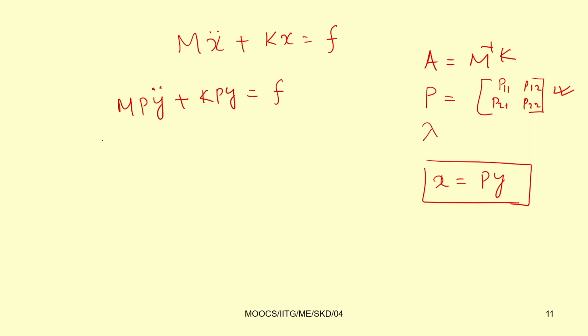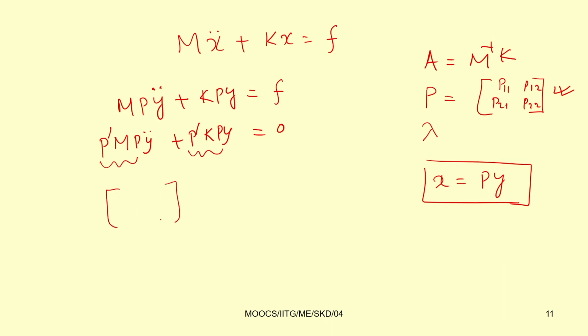Now, pre-multiplying by p transpose, we get p transpose m p y double dot plus p transpose k p y equal to the forcing term. From the property of these eigenvalues and eigenvectors, we can see that this matrix is diagonal, and also this matrix is diagonal.